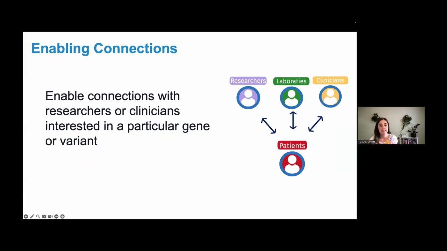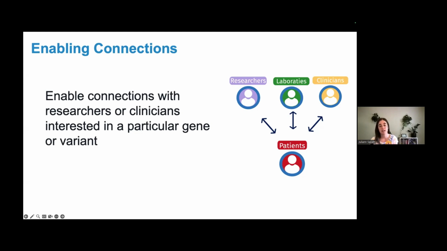So first, as I mentioned when talking through what's included in the consent, GenomeConnect enables connections with others as part of registry participation. There is the option to connect with other individuals based on genetic result, but we also have the ability to recontact participants to enable connections with researchers or clinicians who might be interested in a particular gene or variant.